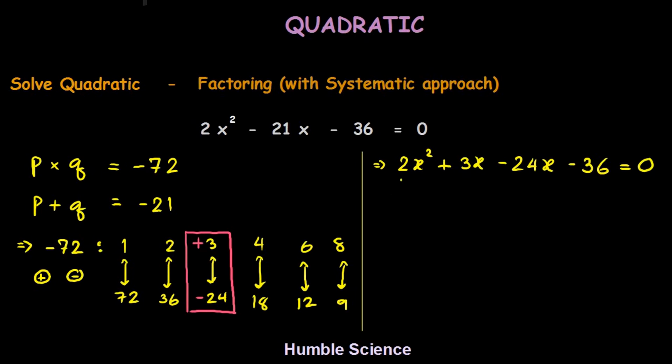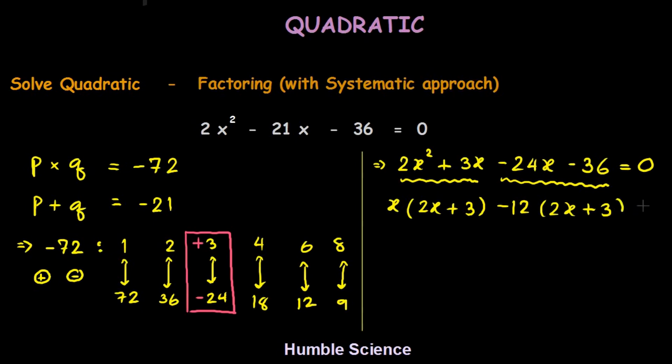Now we will look at 2x squared plus 3x and minus 24x minus 36. We are going to factor this out, and we're going to have x times 2x plus 3, and here it's going to be minus 12 times 2x plus 3 equal to 0.